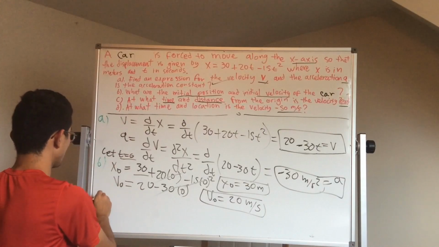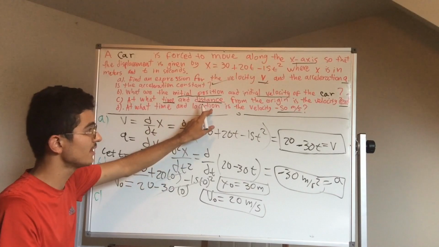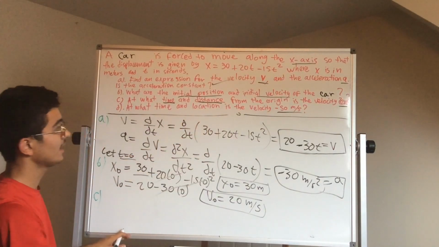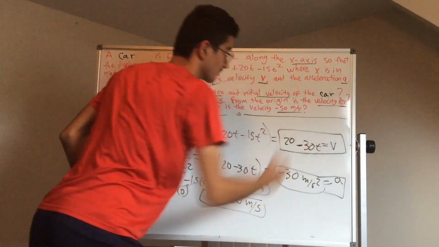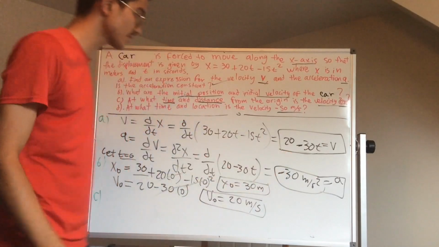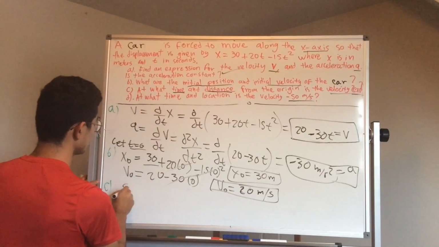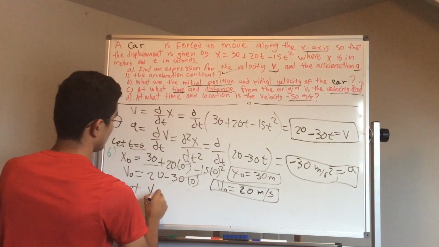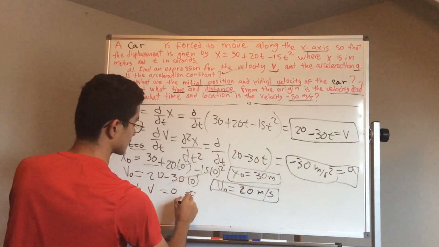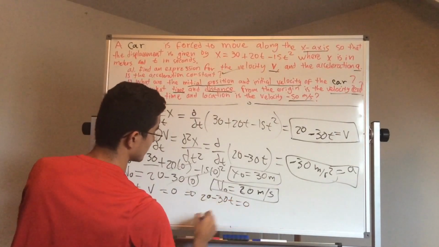Part C asks, at what time and distance from the origin is the velocity 0? We're just going to set the velocity equal to 0, because we already know the function of the velocity in terms of time. So let's set v equal to 0, which is the same as 20 minus 30t equals 0, and we solve for t.